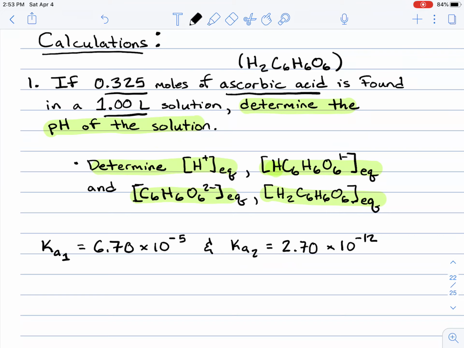And so before we start, we need to come up with a solution map, right? Whenever we want to determine the pH of the solution, remember that it's measuring the concentration of hydrogen ions at equilibrium. And to determine that, we need to determine the value for x, and that's coming from the mass action expression.